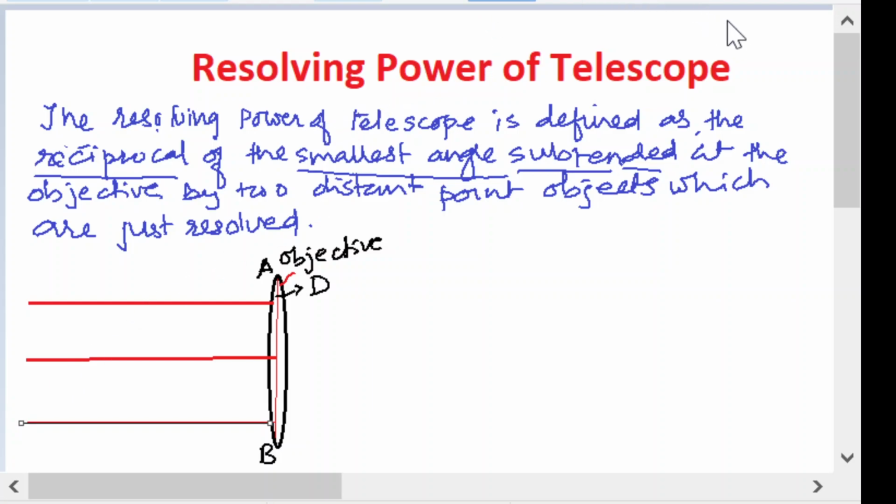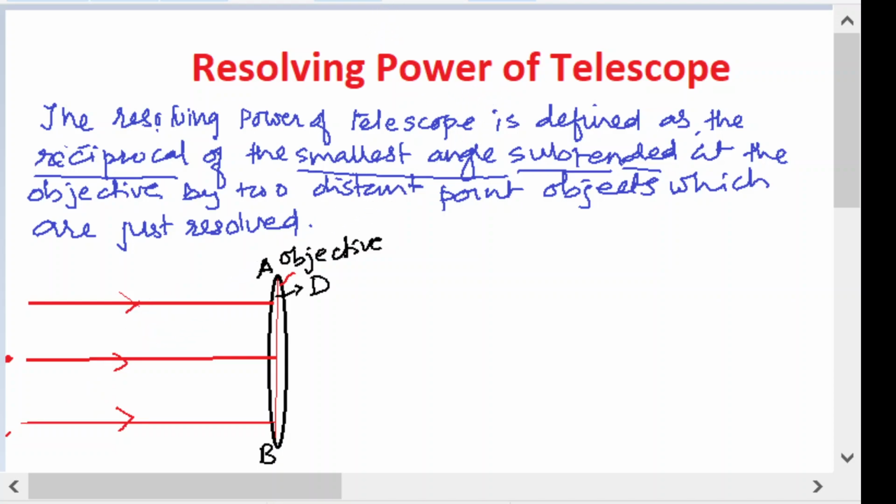This is the first ray, this is the second ray, and this is the third ray, coming from a far source at infinite distance. Now somewhere here the second star is there, very near to the first one.